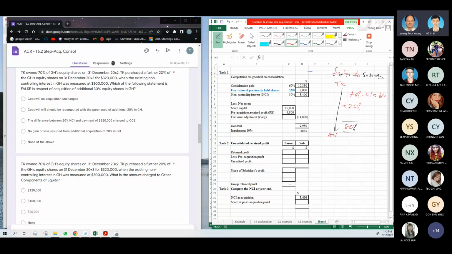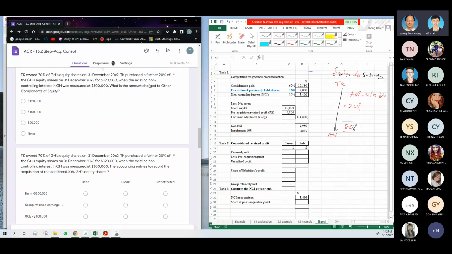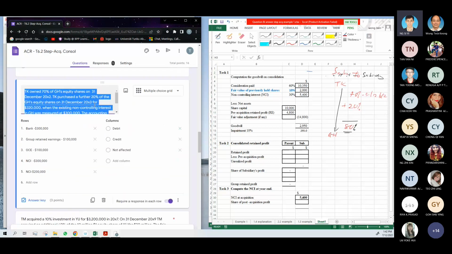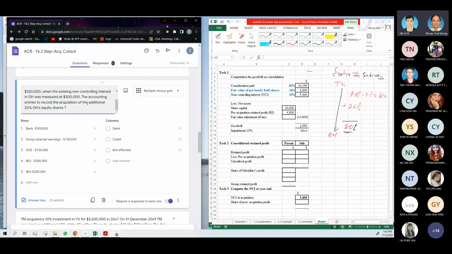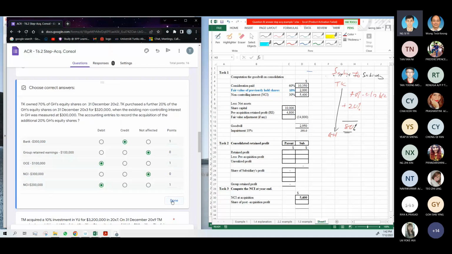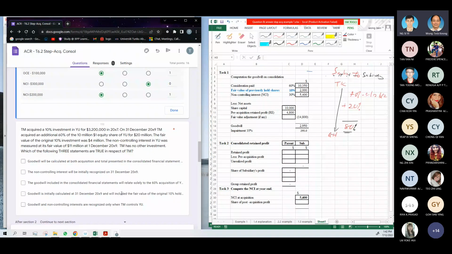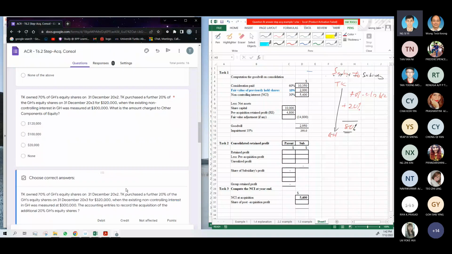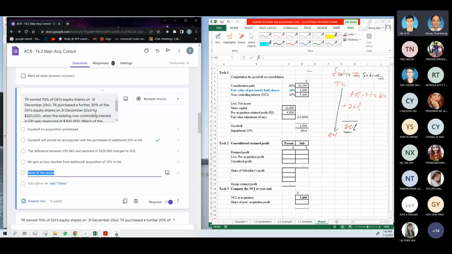I think this is a bit of typo to be 20%. Let me change this to 20%.